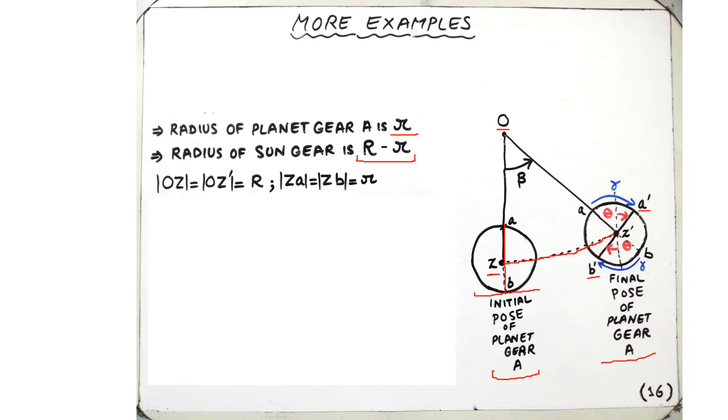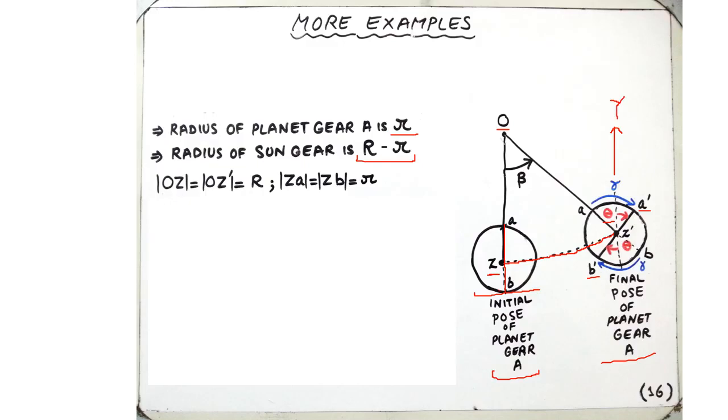And A prime B prime makes an angle theta with respect to a vertical axis of the system, that is like the global y-axis of the system. So call this the global y-axis.